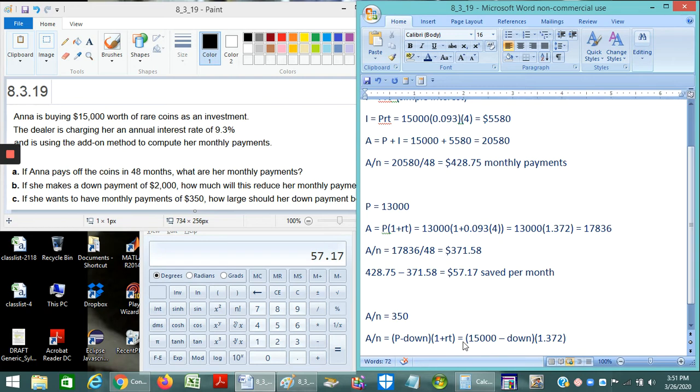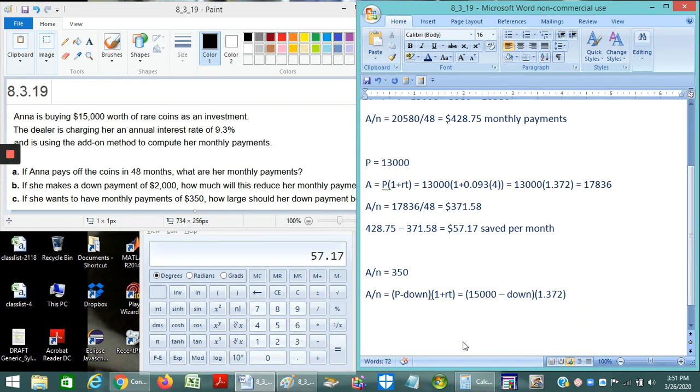Now, if we put these two together, what we have is A over N in the form of $15,000 minus the down payment times the 1.372. We have that is the monthly payments.